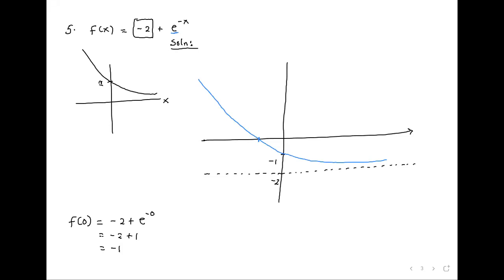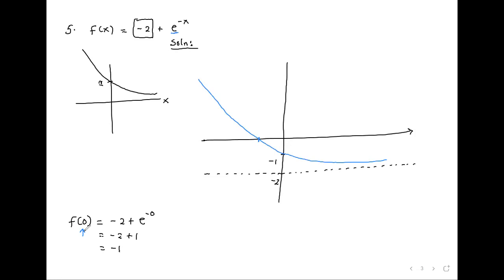So what's the purpose of f of 0? It is f of 0 that gives us the y-intercept for every function. Keep this in mind. For every function, be it a polynomial function, the trig function, any kind of function, it crosses the y-axis when x is equal to 0.